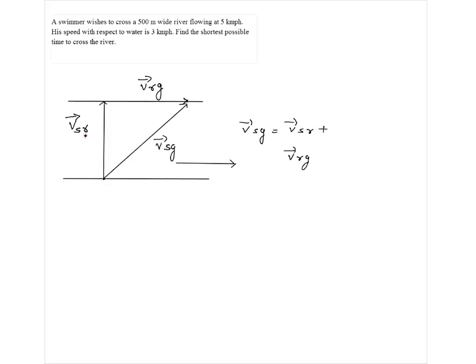And VSR is something that you already know, 3. So speed equal to distance upon time. It comes to 10 minutes. So time is 1 by 6 hours. So it is 10 minutes.